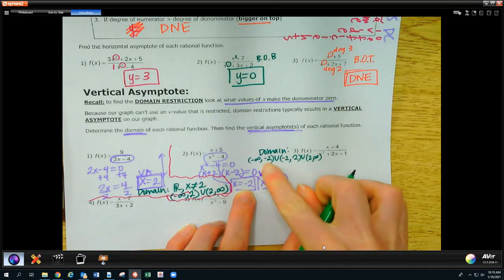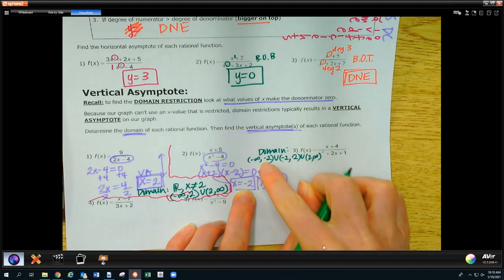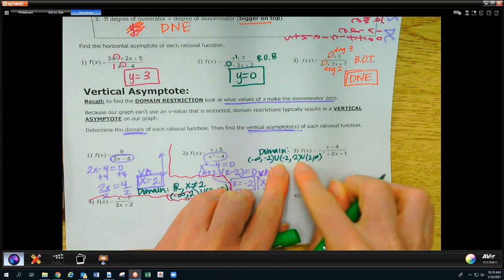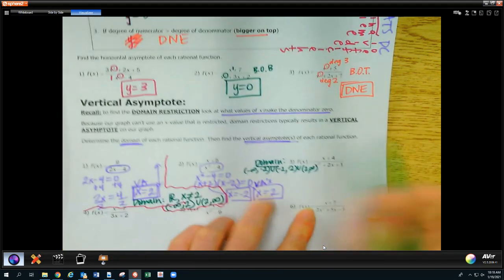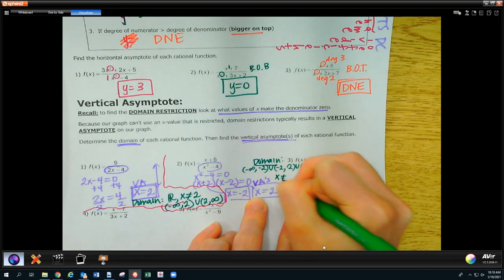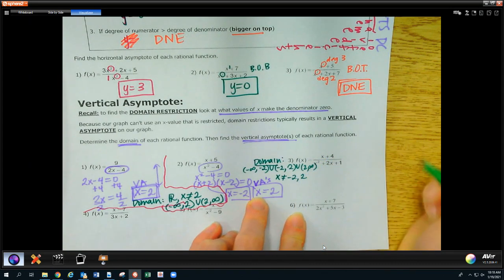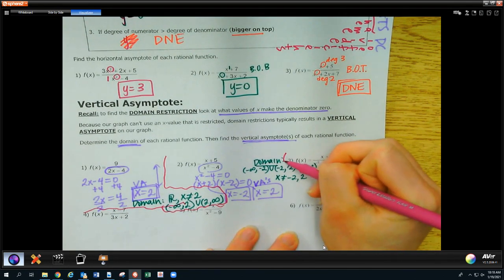You've got to skip over the -2 and you have to skip over the 2. And so you have three intervals, the outside intervals and then the interval in between. And you're going to be able to see this clearer when we start graphing them. So there's our domain. The lazy way to say this is x cannot equal -2 or 2. Be able to recognize both notations because you may have to use both notations.